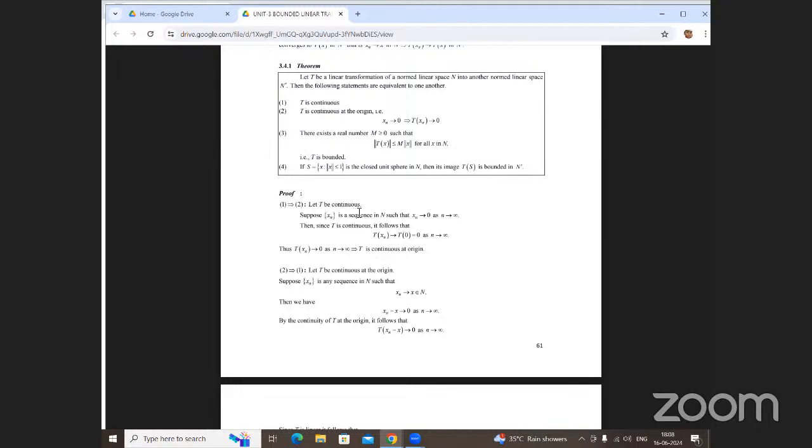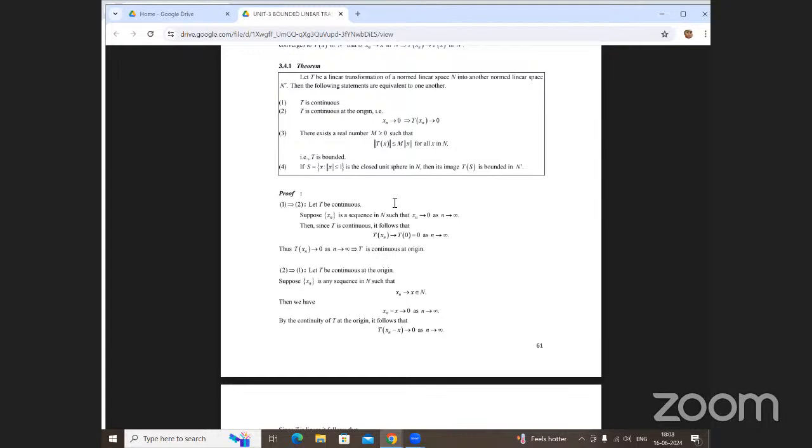In the proof of 1 implies 2, first of all, the given condition is T is continuous. Suppose we take any sequence xn in N. So xn converges to 0, where n always approaches infinity. Now that is the convergent part. According to the definition of convergence, limit of Sn equal to L means mod Sn minus L is less than epsilon, where n approaches infinity.